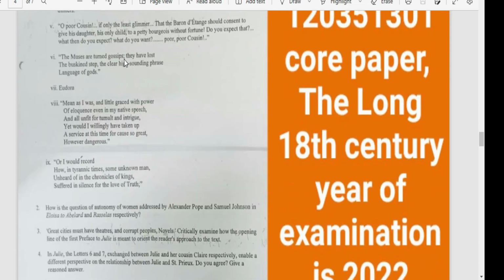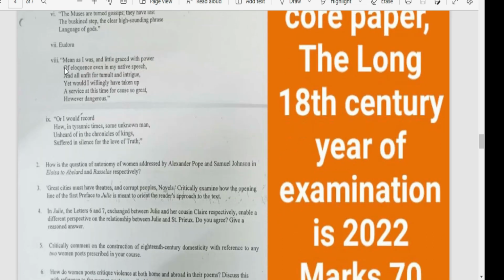Do you expect that? What then do you expect? What do you want? Poor cousin. The muses are turned gossips, they have lost their buskin step, the clear, high sounding face, language of the gods.